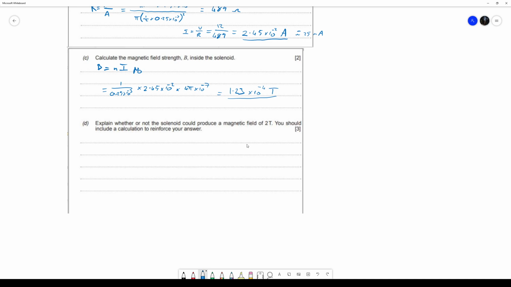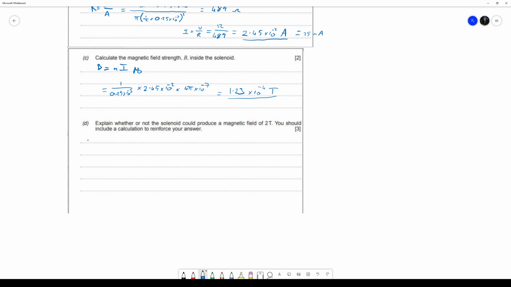Explain whether or not the solenoid could produce a magnetic field of 2 Tesla. You should include a calculation to reinforce your answer. So the calculation I'm going to do here is to calculate what current would be required to produce a 2 Tesla field.